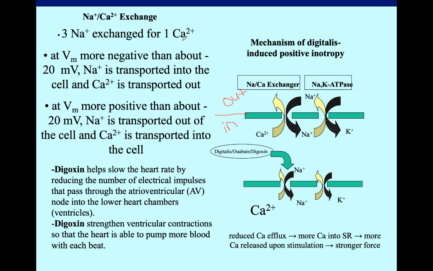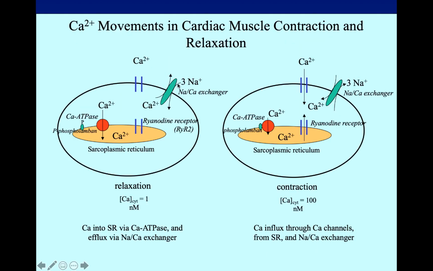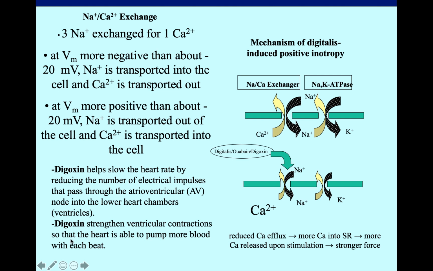Now, how do we decide what direction this sodium-calcium exchanger runs? Well, the voltage decides that. And with the voltage deciding that, we have a threshold here of negative 20. So when voltage of the muscle cell is more negative than negative 20, that means negative 30, negative 40, negative 50, sodium is going to be transported out of the cell and calcium will be transported into the cell.